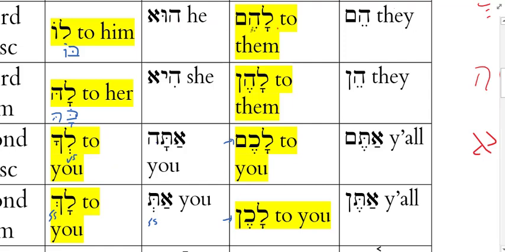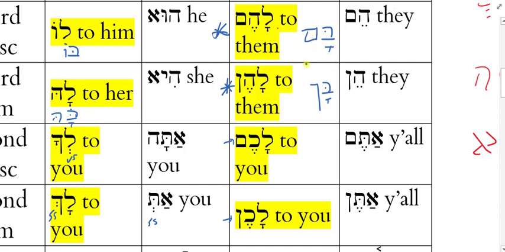The only place where we have distinctions is going to be right here on the 3MP and 3FP. The forms are bom and bon instead of bahem and bahen. Actually, you will sometimes see bahem and bahen, but most of the times it'll be bom and bon. What's happened here?